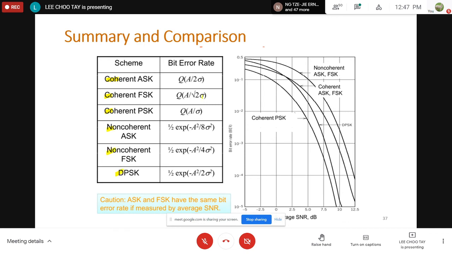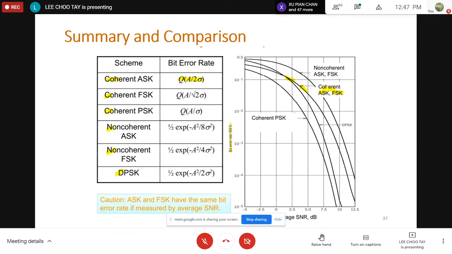Coherent detection of ASK is the Q function of A over 2 sigma, and the bit error rate plot of Q of A over 2 sigma is this graph over here. That's for coherent ASK, and then FSK also falls under the same graph.